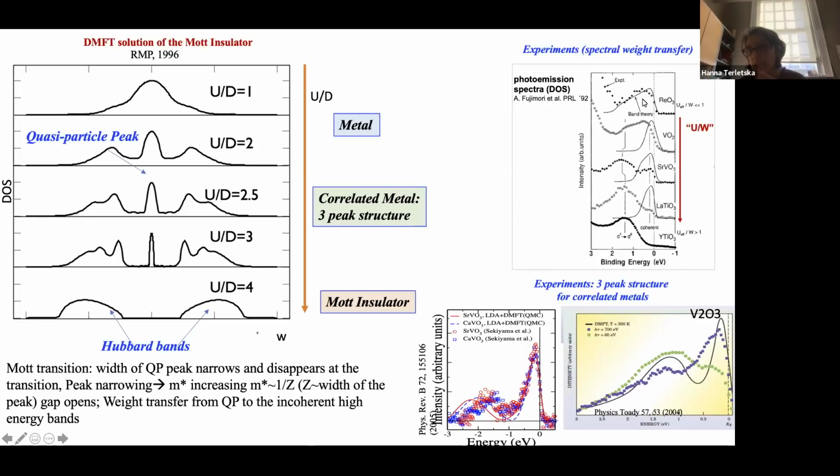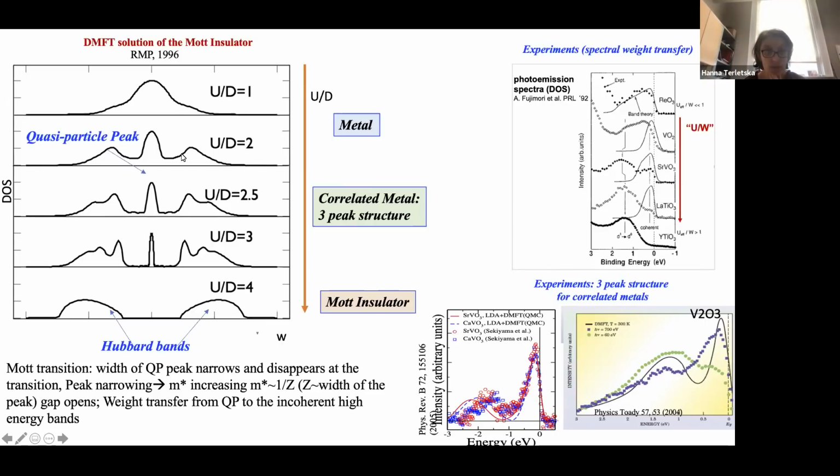But once you increase interaction, these lines close to Fermi energy show the coherent part of the spectrum, and this part is the incoherent or Hubbard subbands part of the spectrum. We see a weight transfer from the coherent peaks to the incoherent part of the spectrum, similar to what we have seen in the DMFT picture.